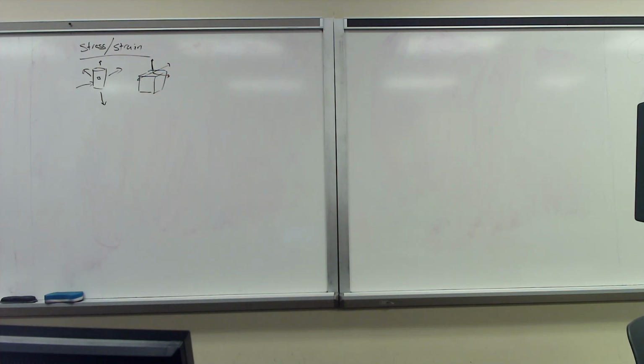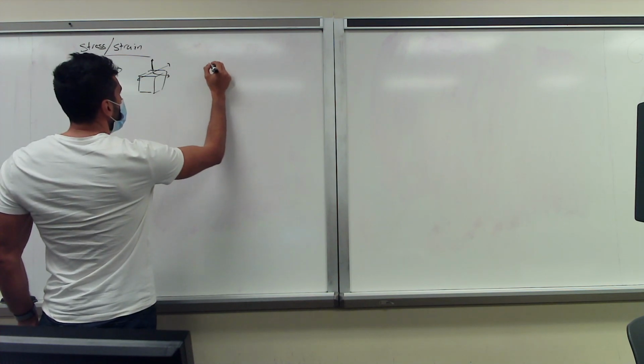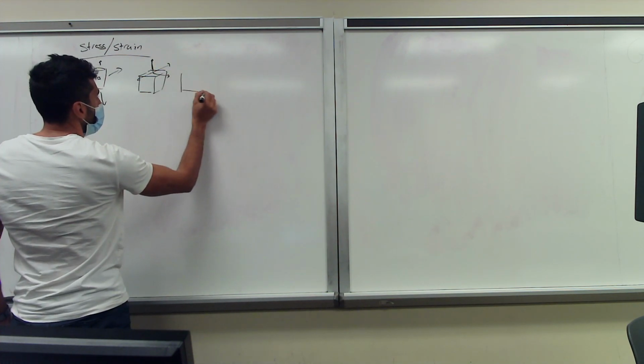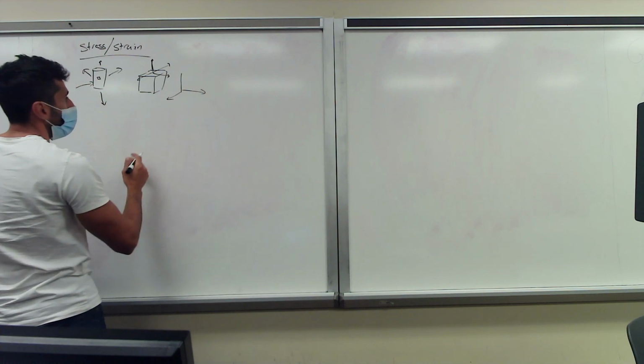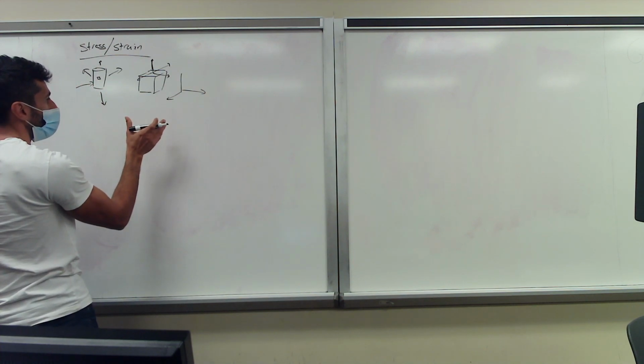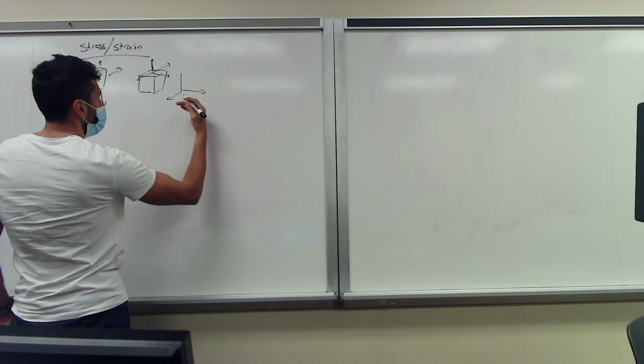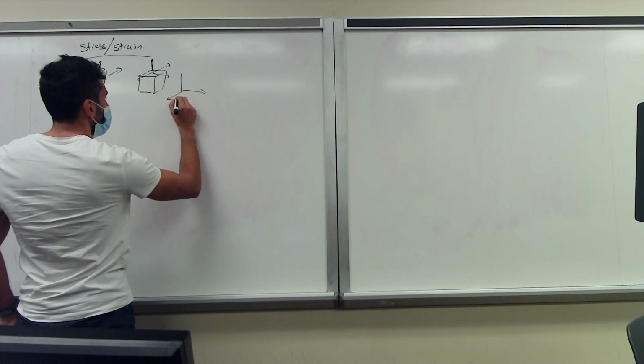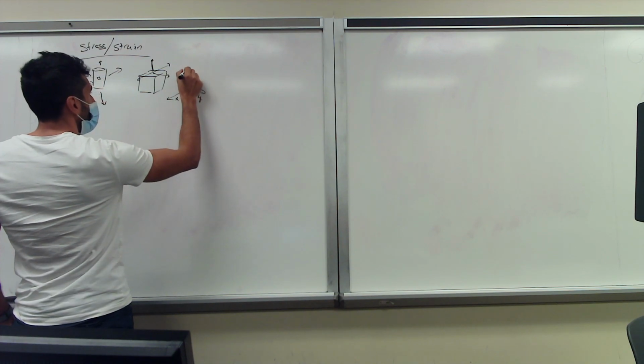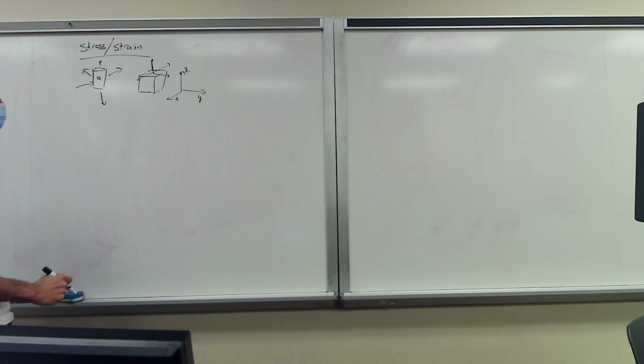And they said, okay, if we know that geometry plays a role, let's normalize with respect to geometry. So they noticed that if I take the force in x, just add a coordinate system to it, let's make this x, y, and z, right-hand rule.